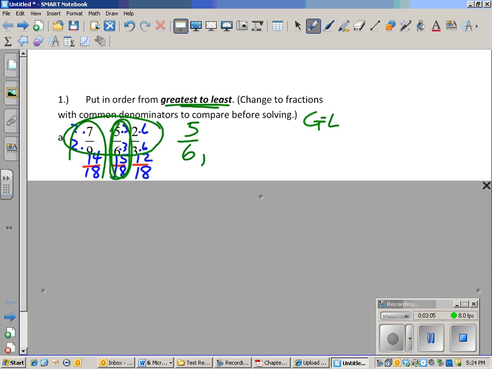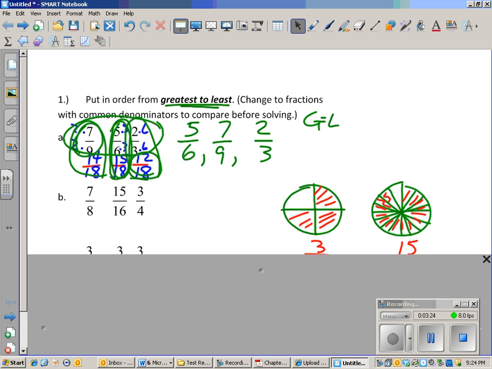And 14/18 is the next. So 7/9 is the next largest fraction, and then 12/18 is the last, and that went with 2/3, and that's the last.